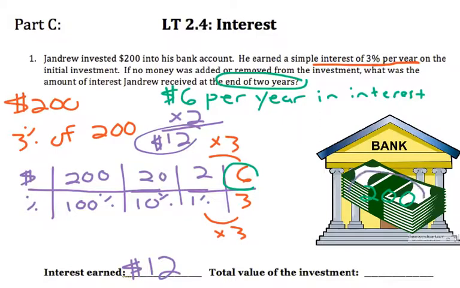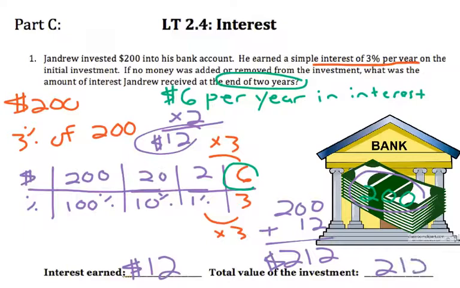Well, he still has that $200 that he put in, but now he also gets an extra $12 in interest. So his money after 2 years is worth $212. This is why it's a smart idea, if you have some money, to give it to a bank for a while, because they're just going to pay you interest for letting them hold on to your money.